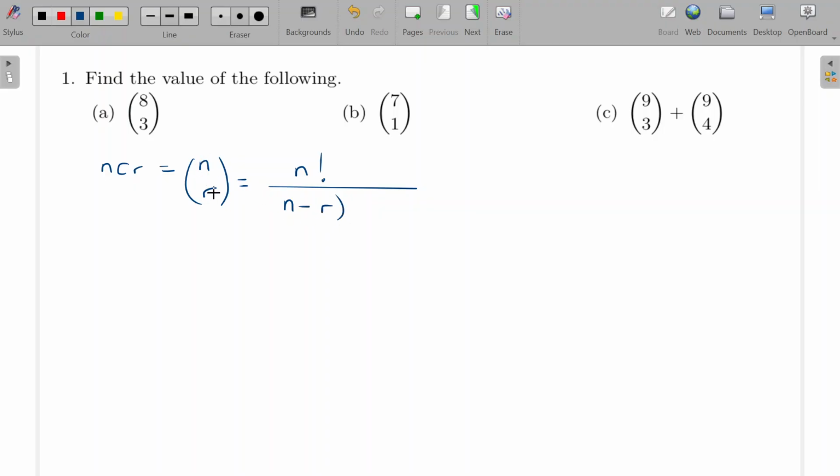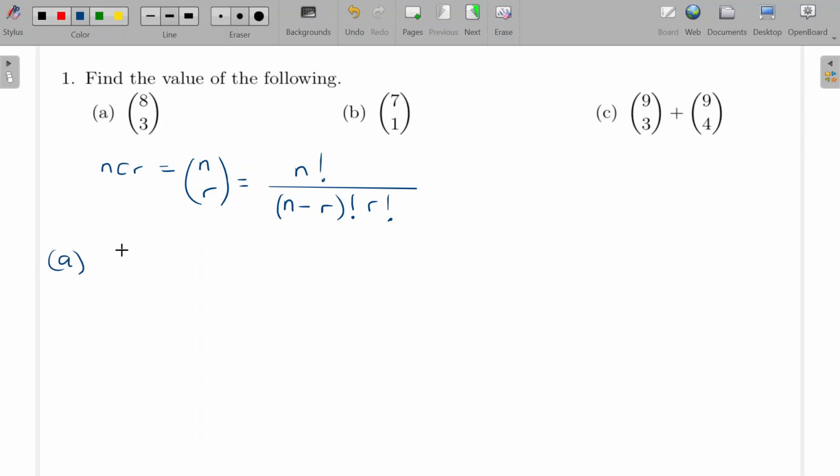You get the one on top, you subtract the one at the bottom, then you get N minus R, then you add the factorial. Then the one at the bottom, you write it here, which is R factorial. So this is the formula we are going to be using as we solve all these questions that we have here. Starting with A.